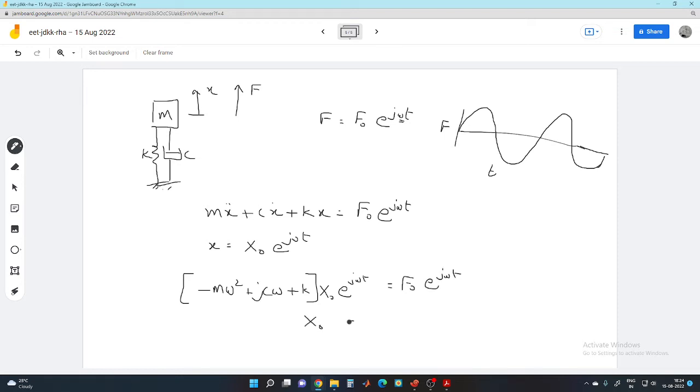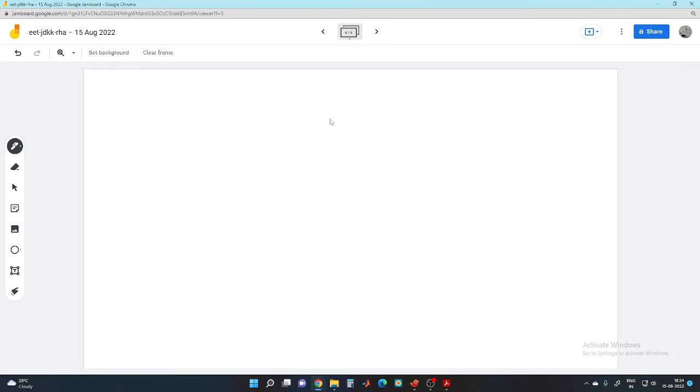And then we have x naught equal to f naught upon k minus omega square m plus j c omega, which is later simplified as f naught by k upon 1 minus capital omega square plus j of 2 zeta omega.